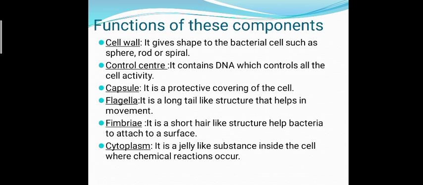Flagella is a long tail-like structure that helps in movement of bacteria. Fimbriae is a short hair-like structure which helps bacteria to attach to a surface. And cytoplasm is a jelly-like substance inside the cell where chemical reactions occur.